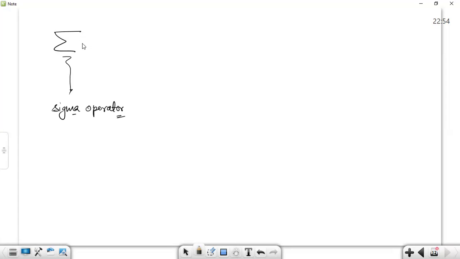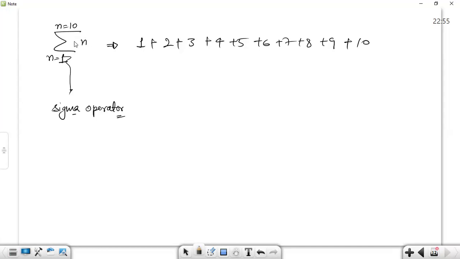Like if I write n, and n is a natural number starting from 1 to 10, it means n is getting summed: n will become 1, then 2, then 3, then 4 plus 5 plus 6 plus 7 plus 8 plus 9 plus 10. So this is basically a function, and we put the first variable, then find the output, then we add respectively.